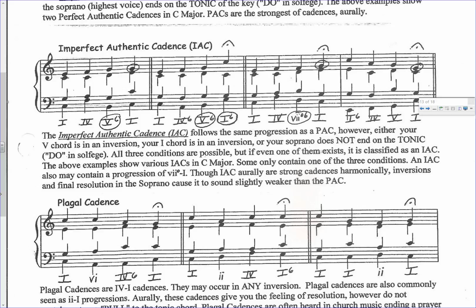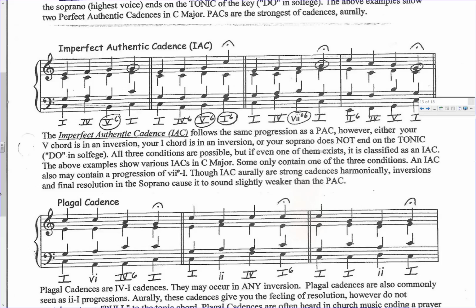All 3 conditions are possible, but if even one of them exists, it is classified as an imperfect authentic cadence. The above examples show various IACs in C major. Some only contain one of the 3 conditions. An imperfect authentic cadence also may contain a progression of 7 diminished to 1.